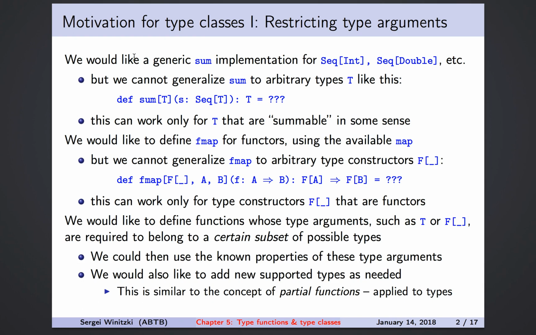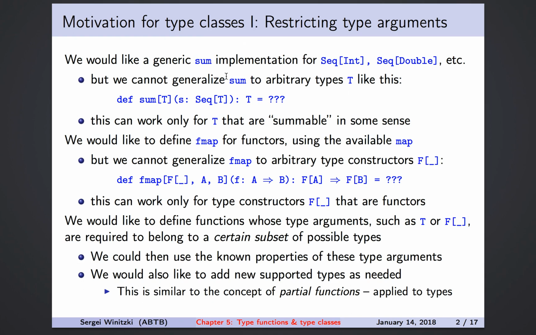So our desire to write code more generically leads us to the need to define functions whose type arguments, for example the t and f, are not just arbitrary types, but they are types that are required to have certain properties, or to belong to a certain subset of possible types. Here, for instance, it would be integer, double, long, and so on. Maybe others.